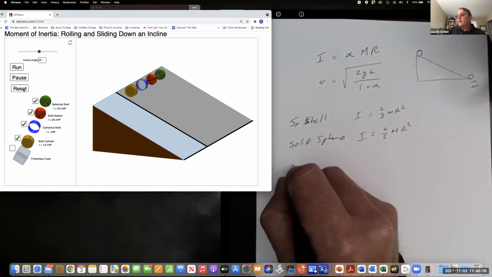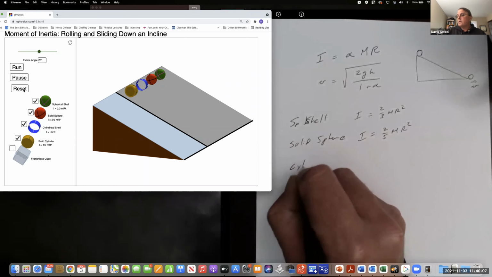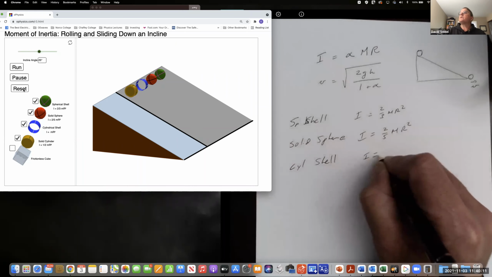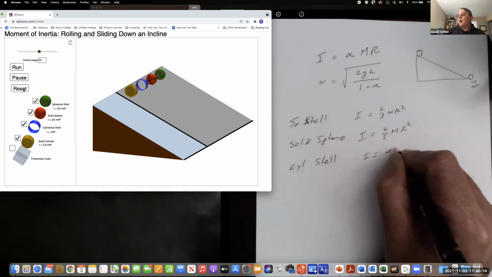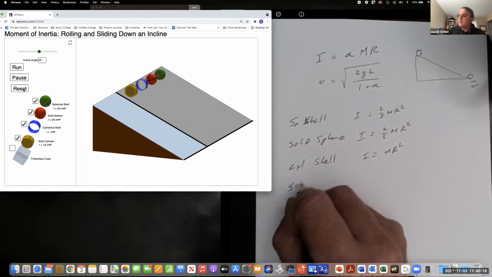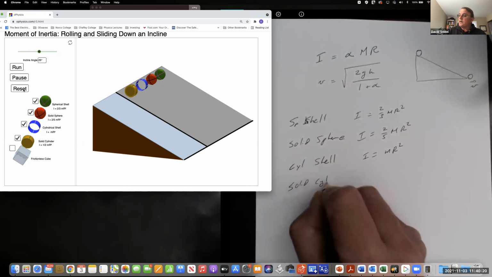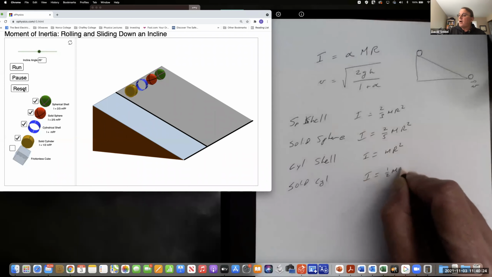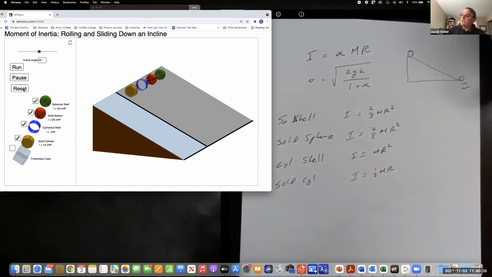I've got a cylindrical shell where I was equal to mr squared, and I have a solid cylinder where I equals 1/2 mr squared. Okay, look what this means.